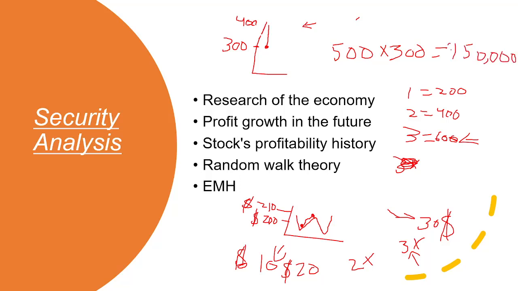So you bought here at $150,000, and then it continues to go down to 200. So you lost $100 per share, right? I don't want to insult your intelligence, but you lost $50,000.